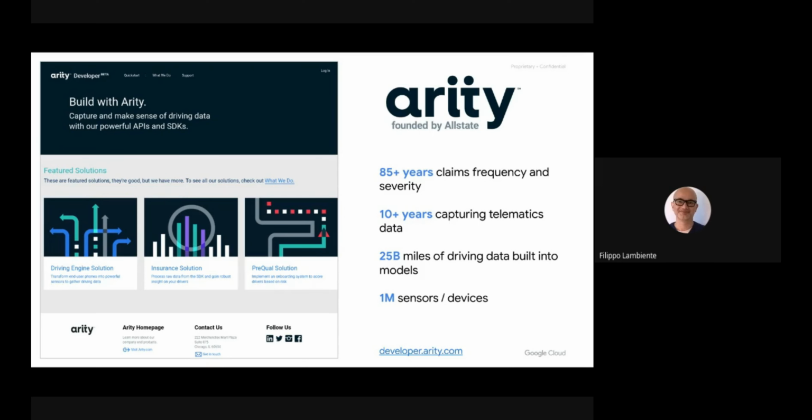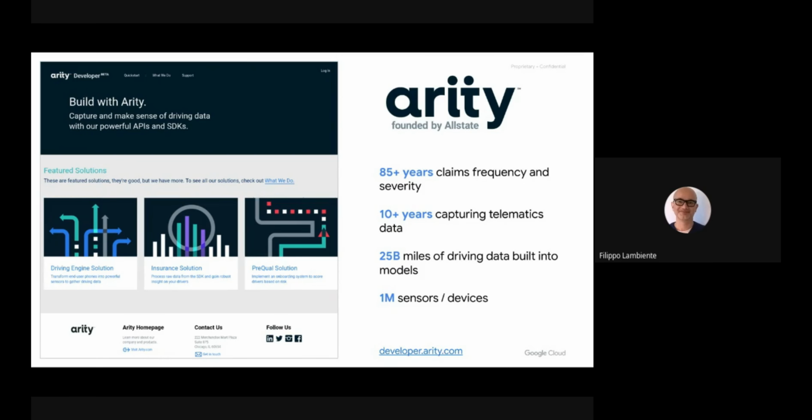With millions of sensor devices installed on cars, they are able to collect the driving style of drivers. They are able to provide lots of useful information that can be used to create a new product, for example, to provide custom, tailor-made premiums for the particular customer that subscribes to these services.